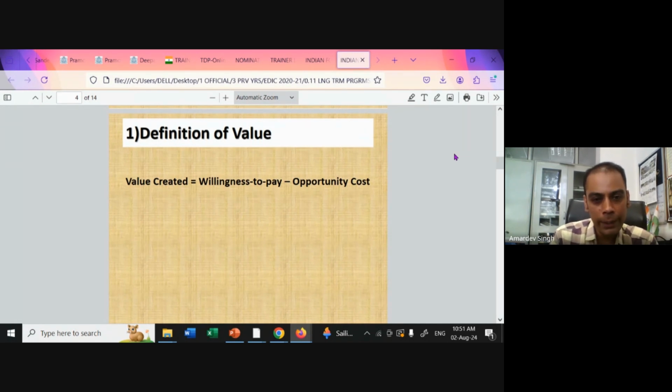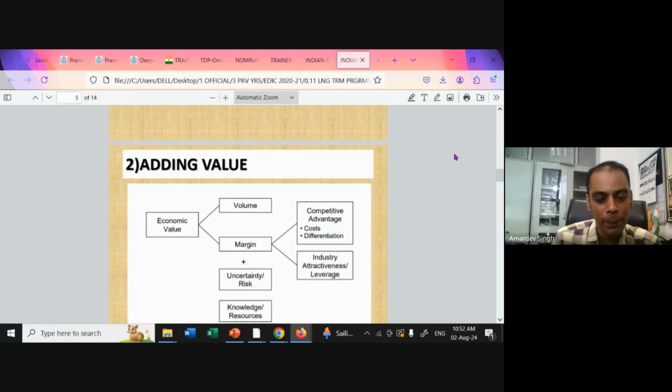If it comes out to be negative, it means option B is viable, profitable for you. So this is the basic premise of how we define and calculate the economic value for a particular option.